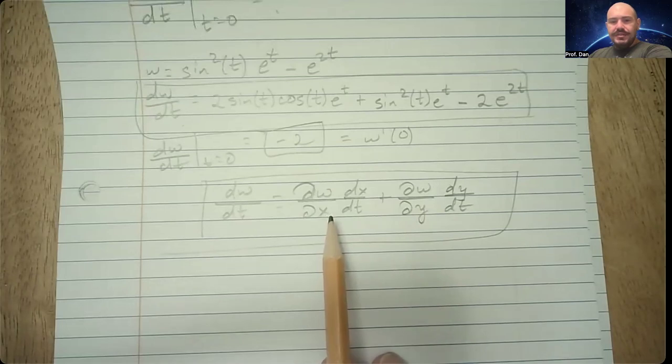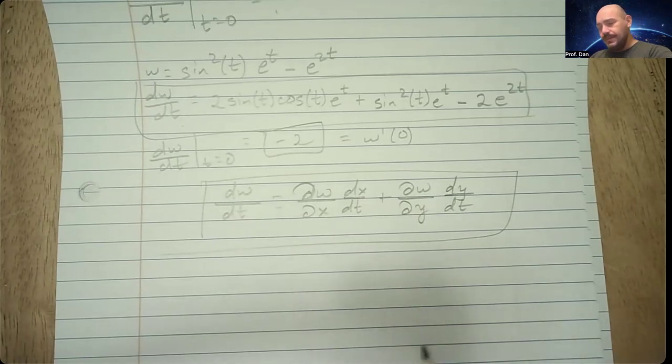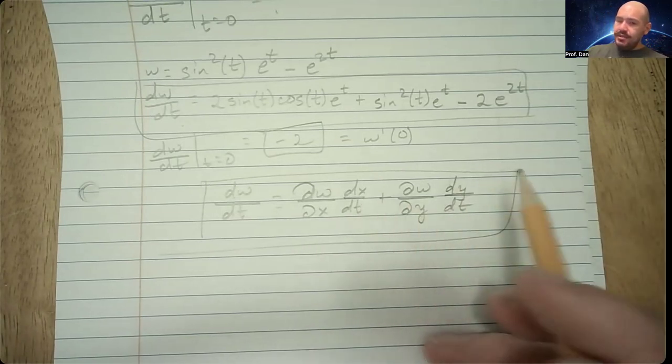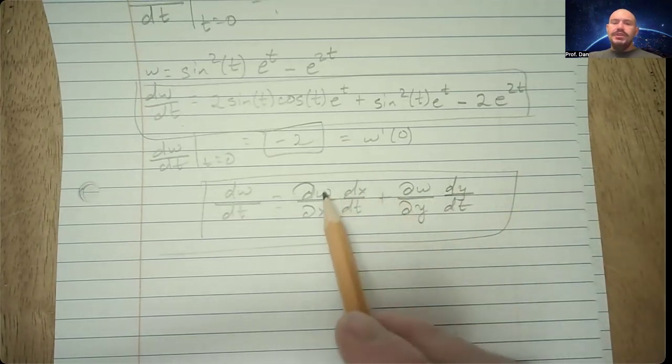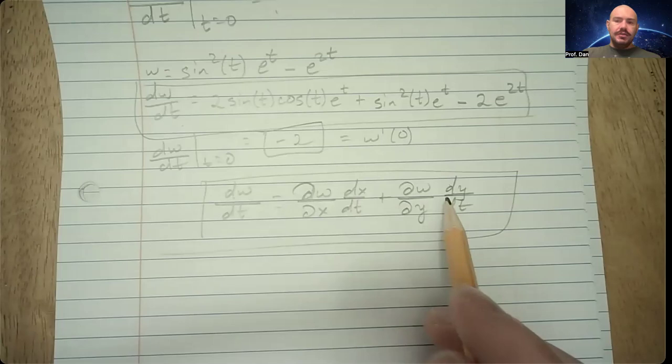I don't really like you to think that you're canceling anything out here because that's technically not what you're doing. You're just multiplying two rates by each other, and the product of those two rates just happens to give you what you're looking for. Really notice here though that you would end up with a partial derivative that comes from the x side plus a partial derivative that comes from the y side.